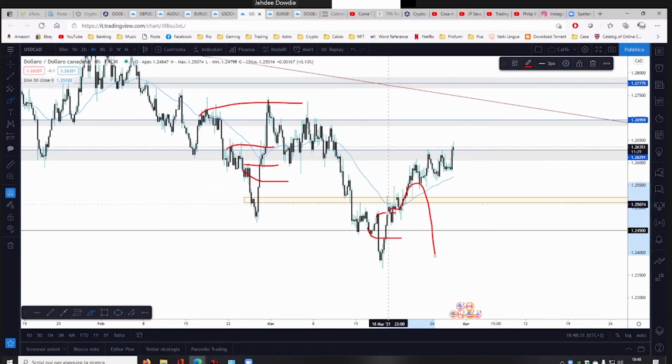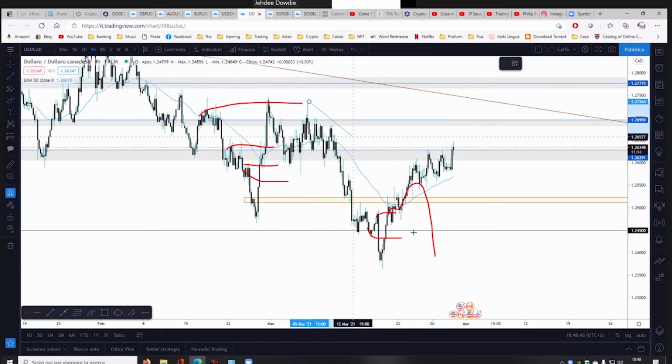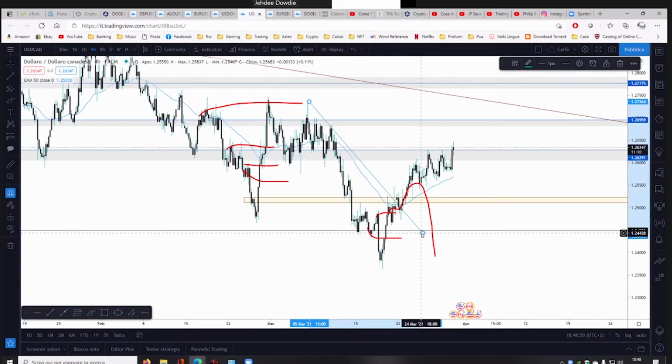But you can pick up on these to the upside if you see that the pressure is fading, whether you're using trend lines or whatever. So there's a little breakout and a retest of this trend line.